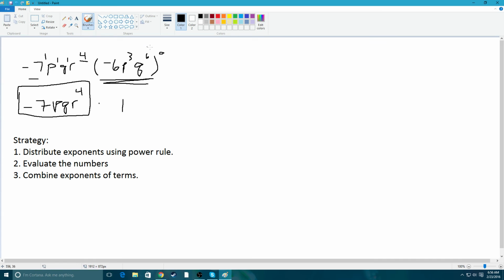So an example would be if you have (2x to the 3rd times -3xy to the second power) squared.